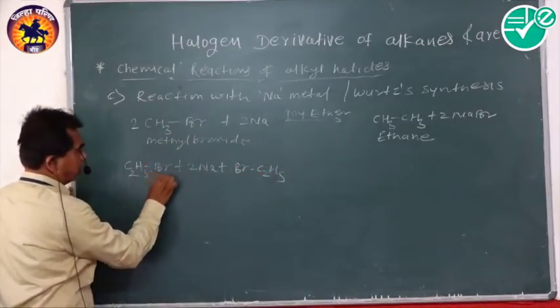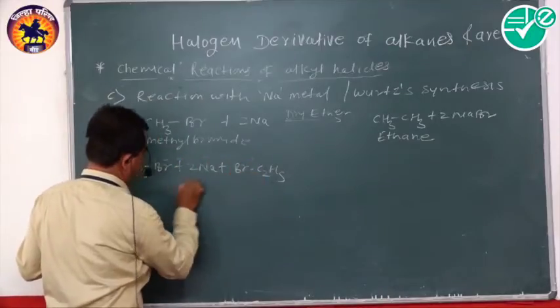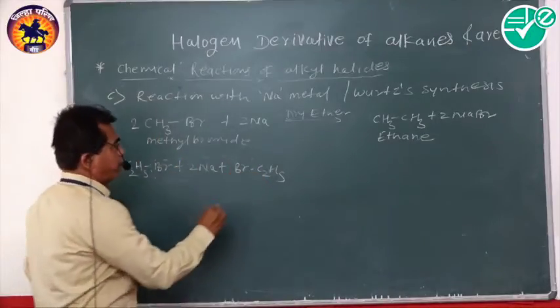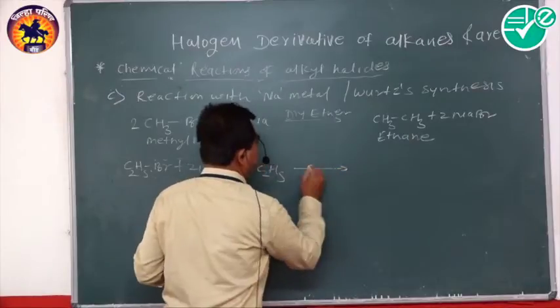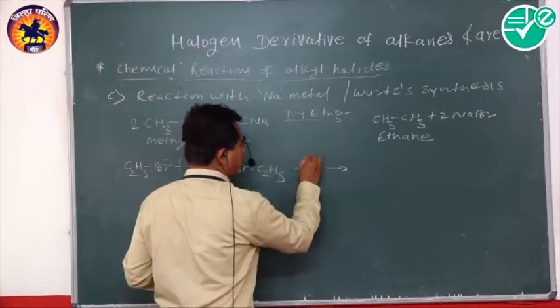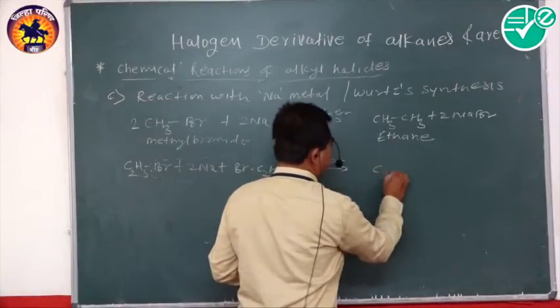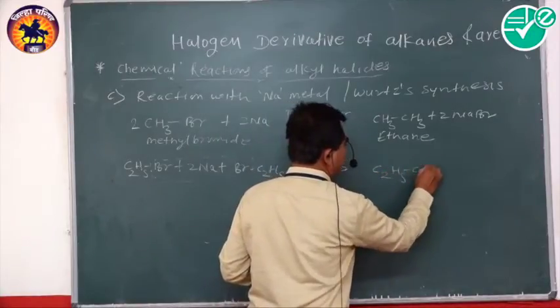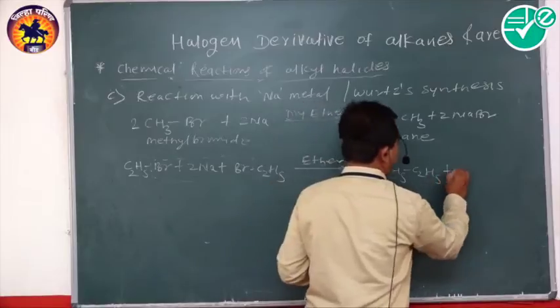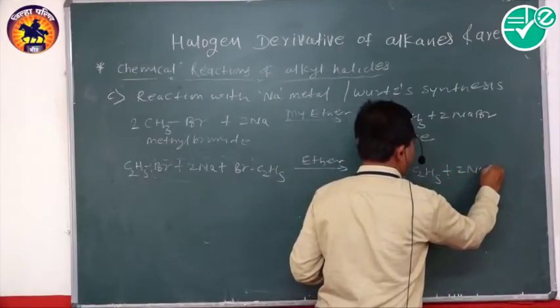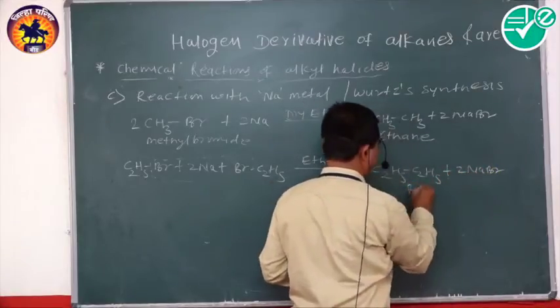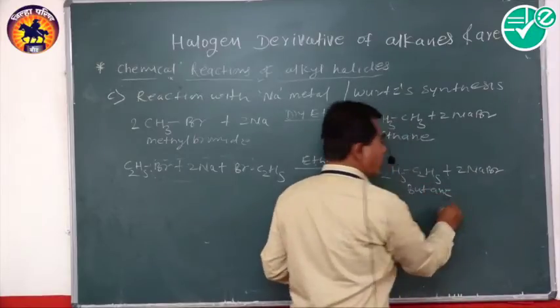The reaction takes place in the presence of dry ether to give butane plus 2 NaBr.